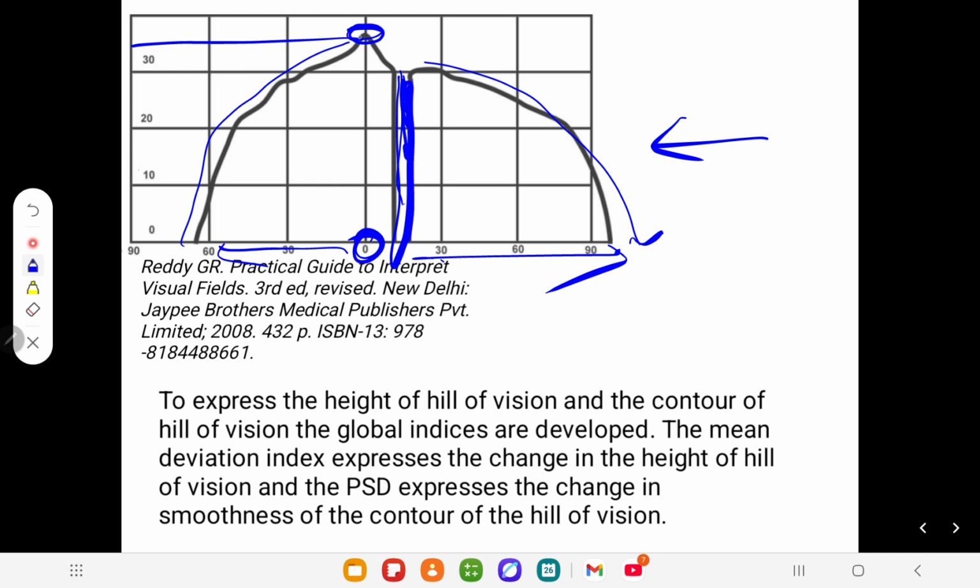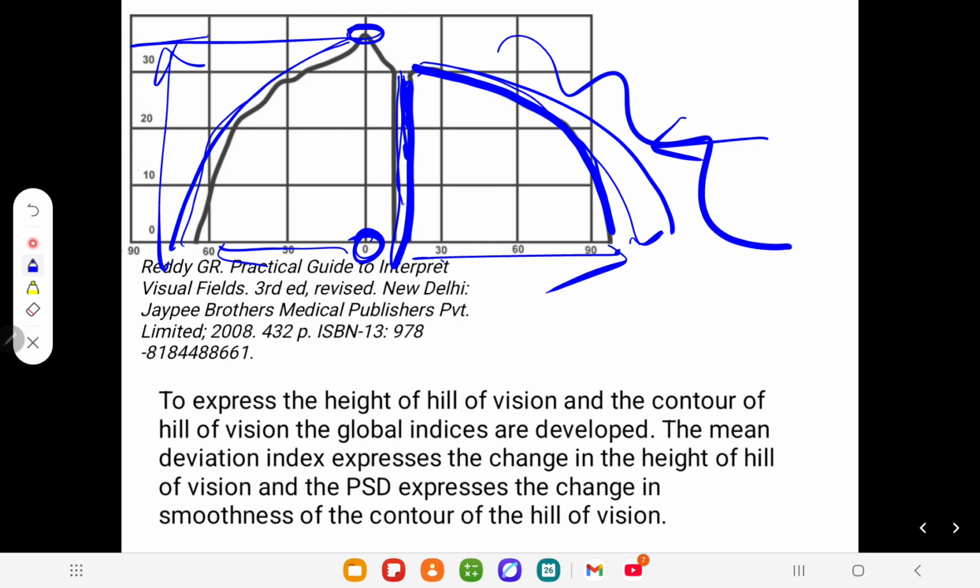So there are two concepts of the field of vision. One is the height of the field of vision, that's 34, and what if its height decreases. Another is the contour. You know that the contour is this line. What if this contour becomes more irregular, or a single area is defective?